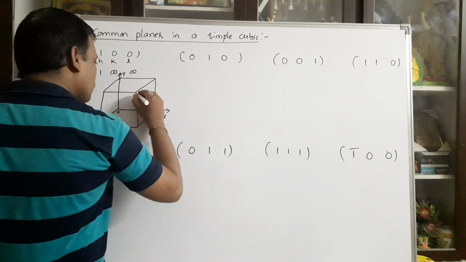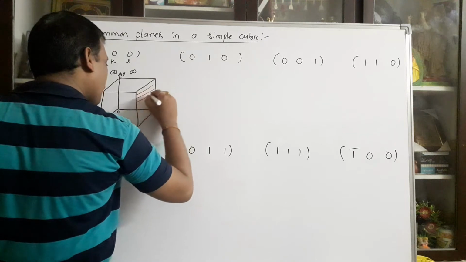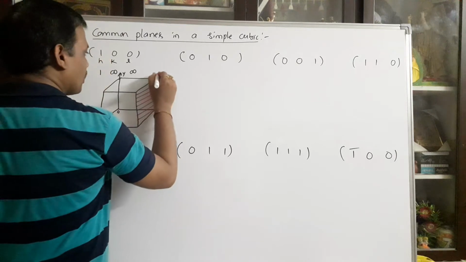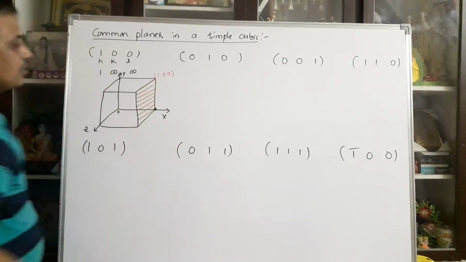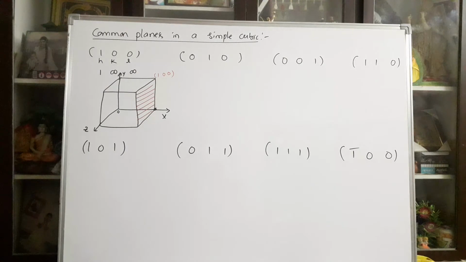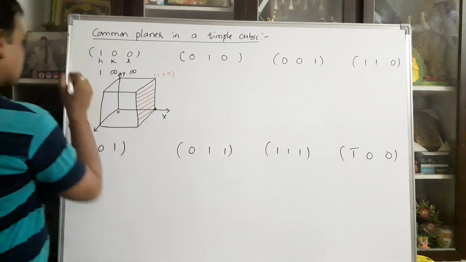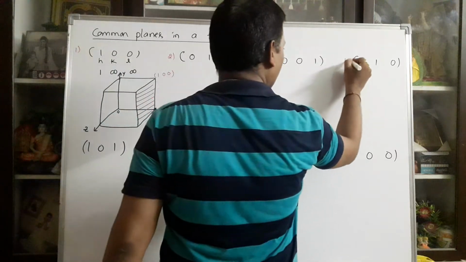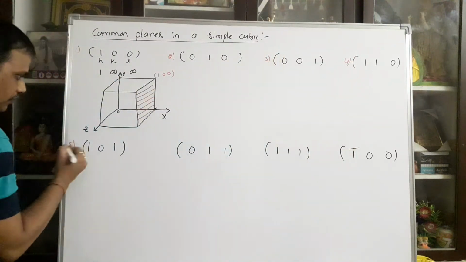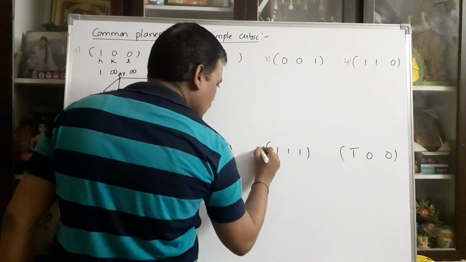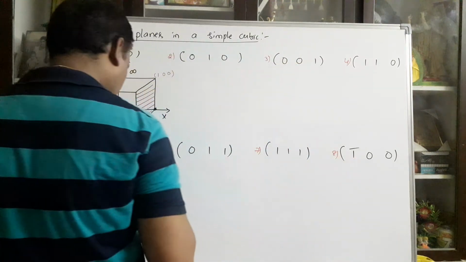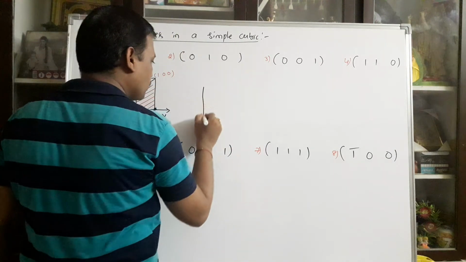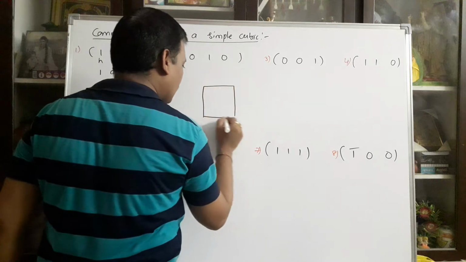So based on this right side face, this plane is called which plane? Particularly the 1, 0, 0 plane. After that, this is the first plane, then the second, third, fourth, fifth, sixth, seventh, eighth. First of all, I am drawing the unit length of the cube for the 8 cases.